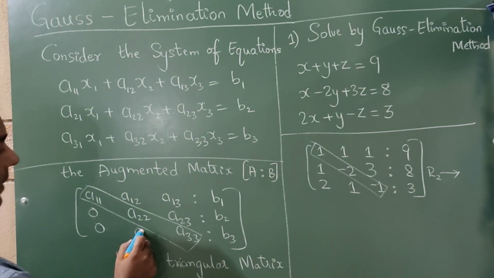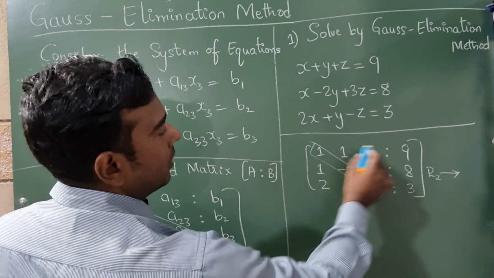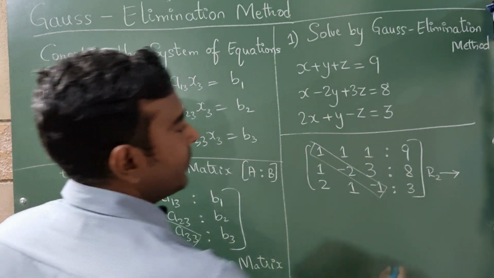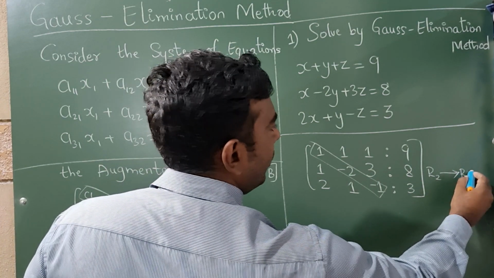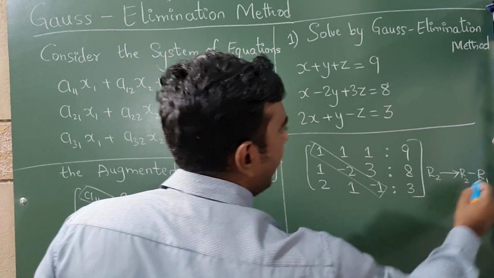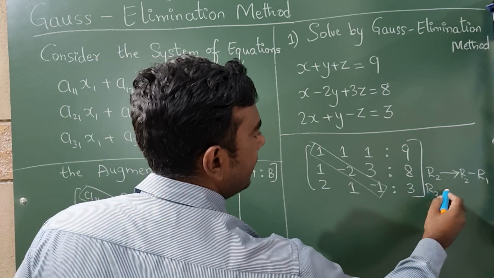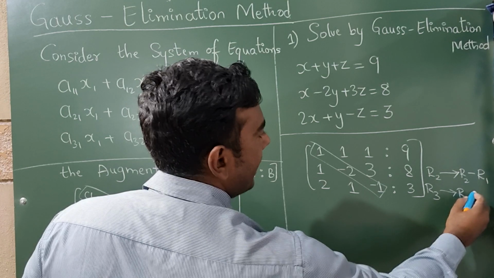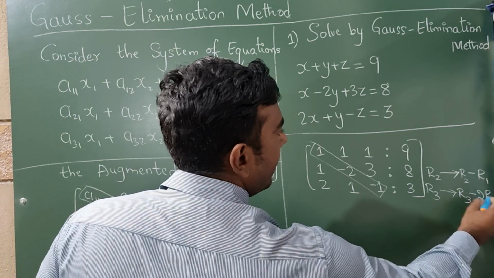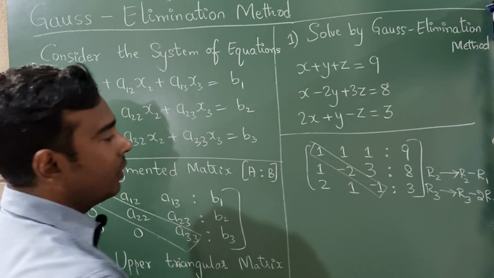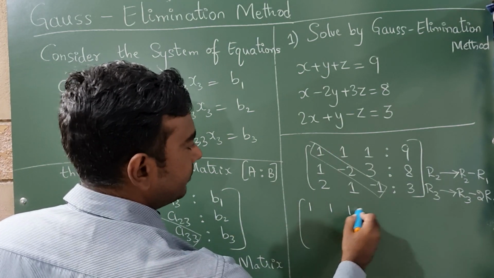Now you have to make these elements 0. Keep row 1 as it is. Now R2, this is row 2, so R2 minus R1. And to make this 0, I'll write here R3, R3 minus 2 times R1. Now write row 1 as it is.